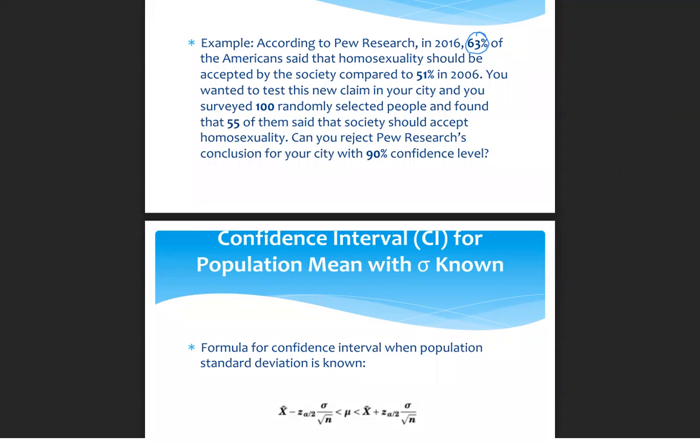So your sample size n is equal to 100. Your x is equal to 55. So p hat is equal to x over n, that is 55 over 100, that is 0.55. So p hat is equal to 0.55.